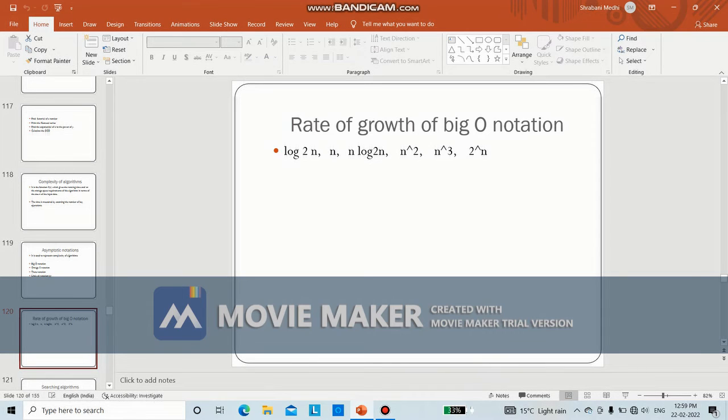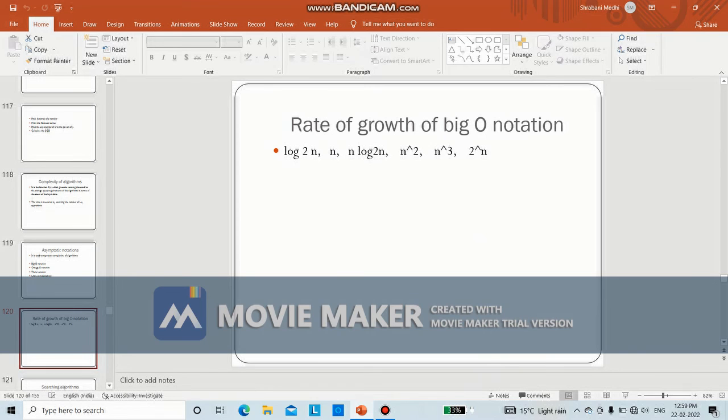Now which algorithm will you consider to be better? The more towards the left-hand side the big O notation is, the better the algorithm. This complexity is better than this one. So if there are two algorithms, one having this complexity and another having this complexity, then which one is better? This one is better. Okay. So this is the rate of growth of big O notation.